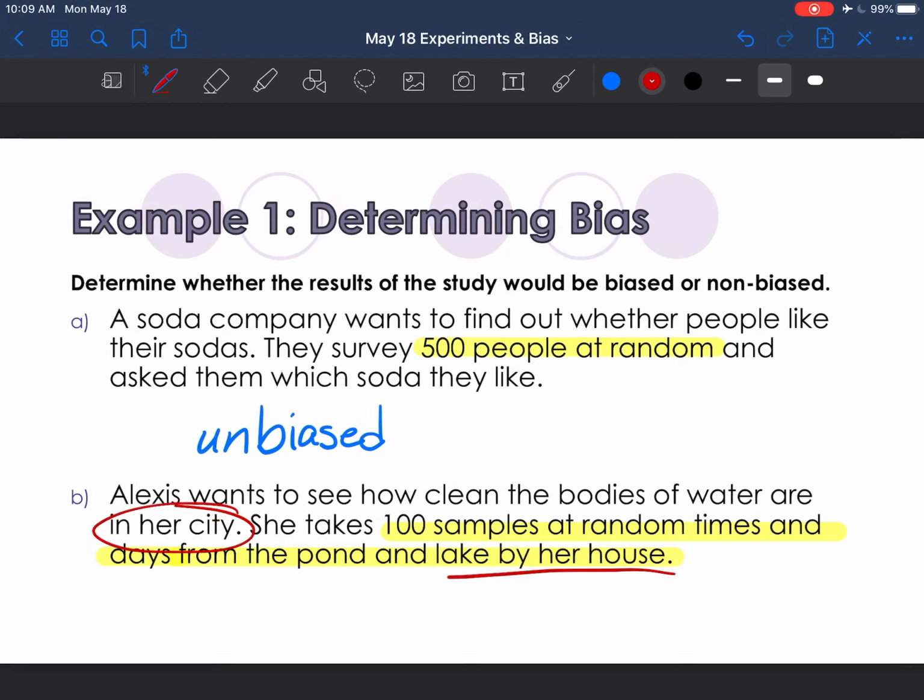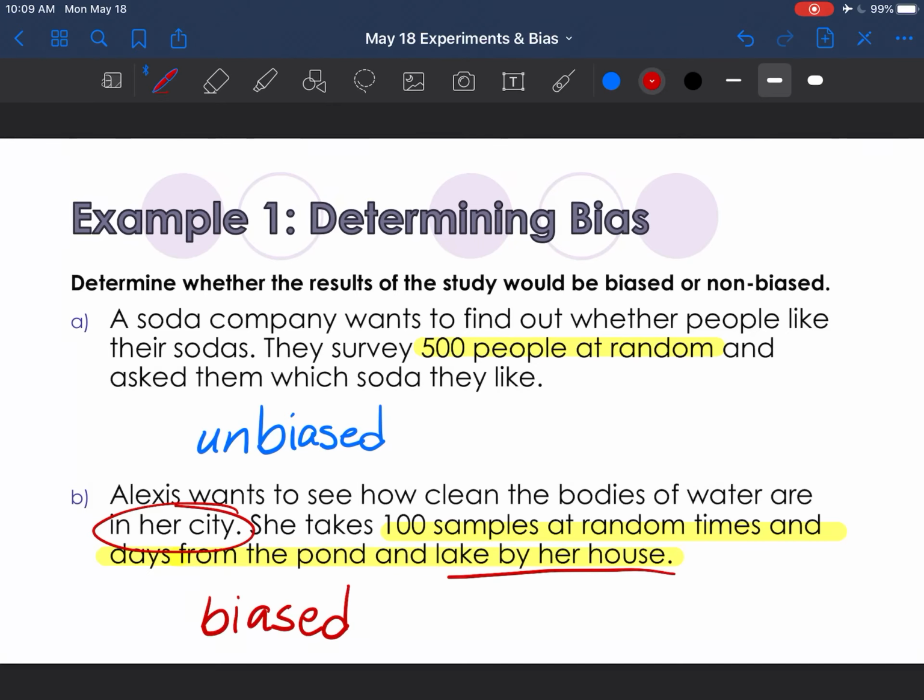So if you think about it in terms of our situation, let's say we want to find information about the water in Hillsborough County. If you just look at the water that's by Newsom High School, if I had to guess, it'd probably be a little bit cleaner, at least, than bodies of water somewhere else.